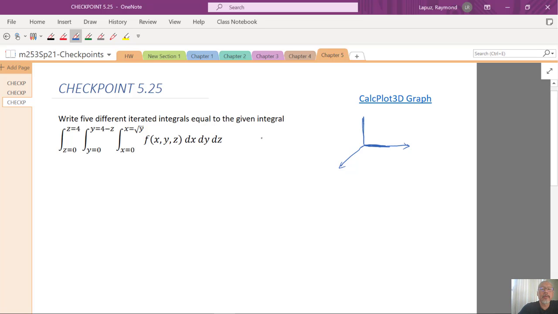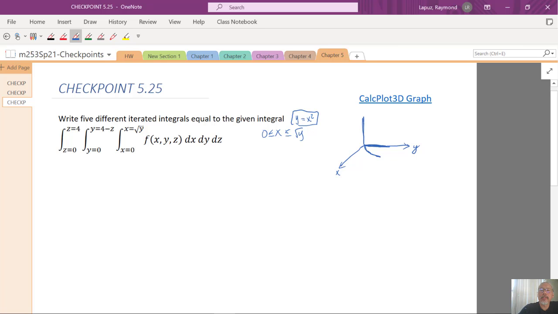So x going from 0 to the square root of y means it's going to go from 0, and then if we take a look at this, y is equal to x squared, that's the equivalent function, and that would be a parabola going up this way, or you can look at it as a square root function with x and y.